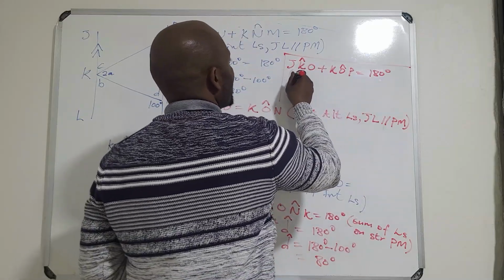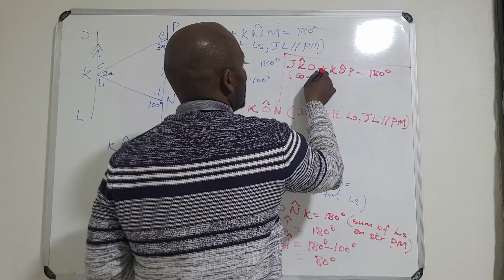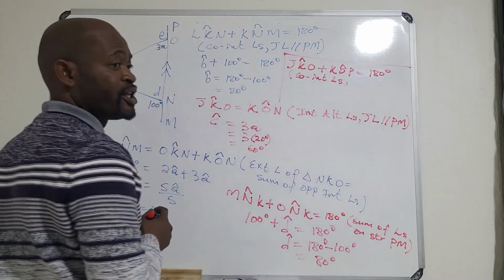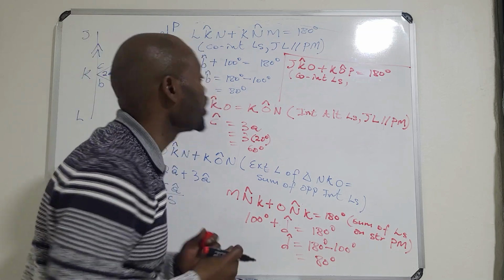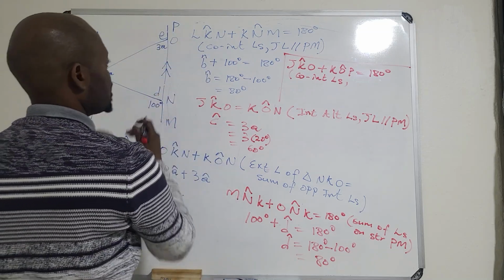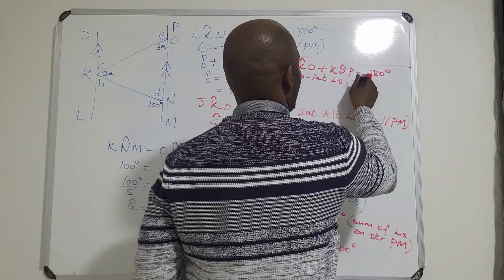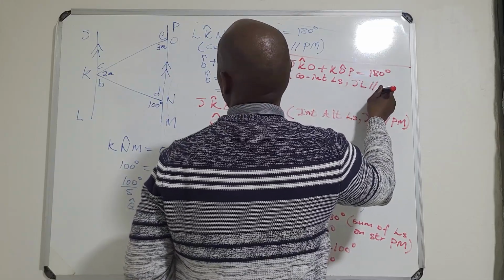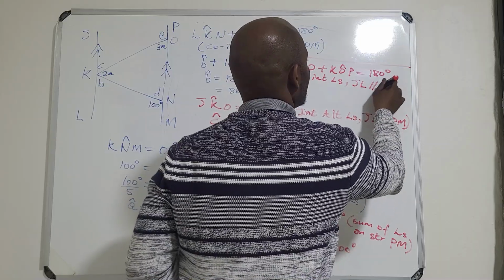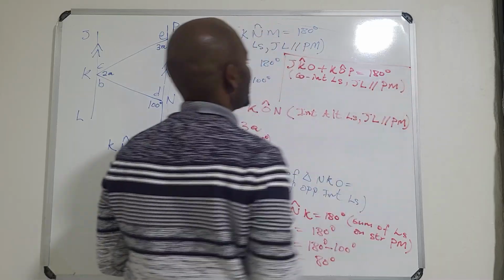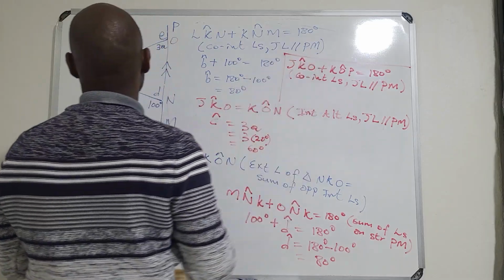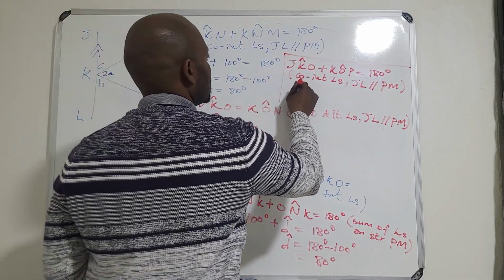Reason, co-interior angles. Why are they co-interior angles? In a U shape, we know that these sides are parallel. Therefore, JL is parallel to PM. That's the reason.